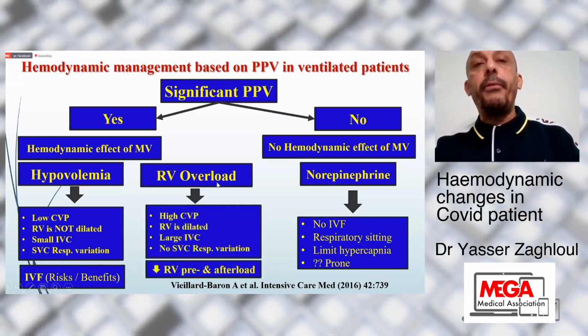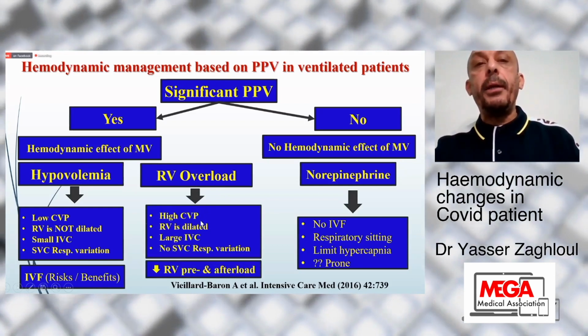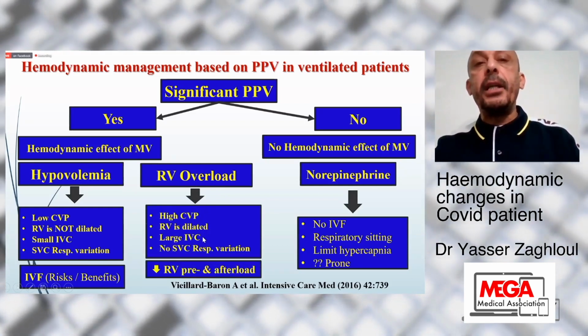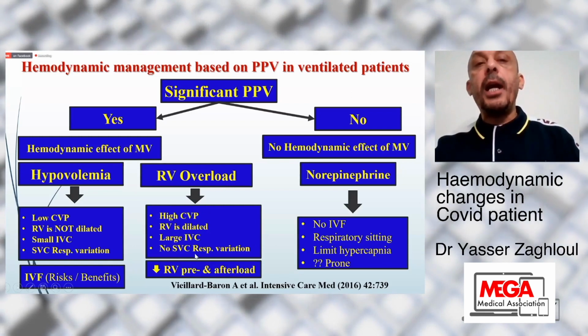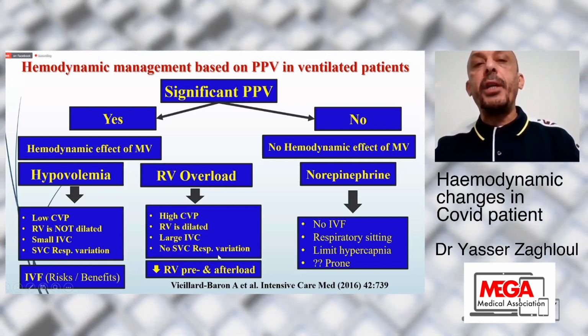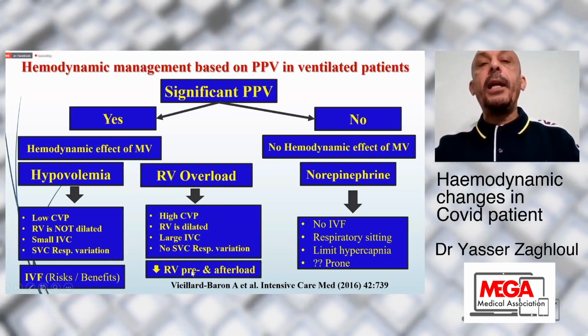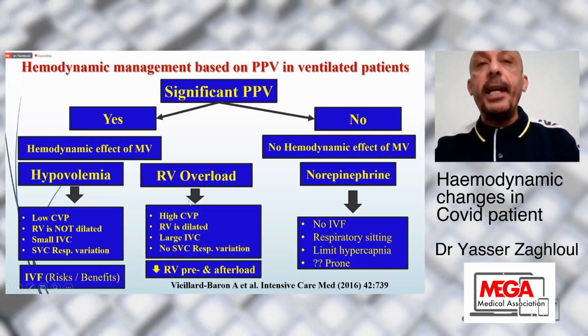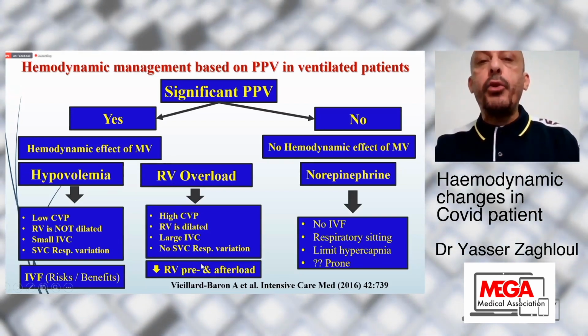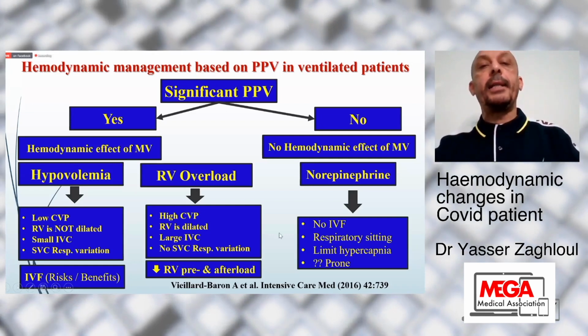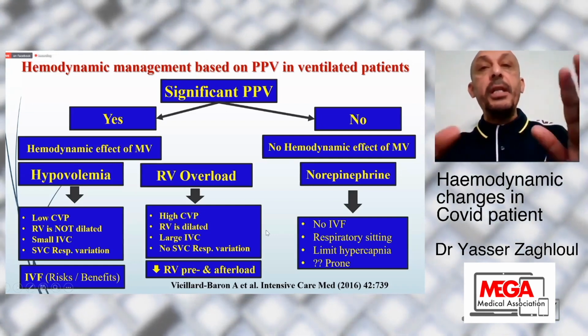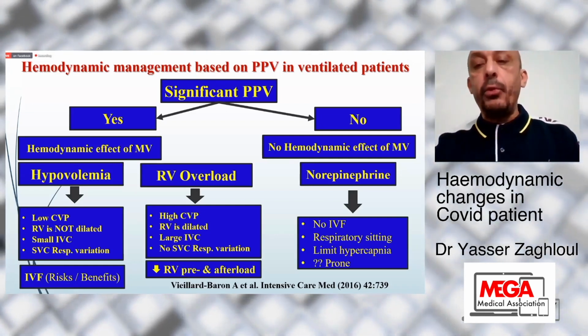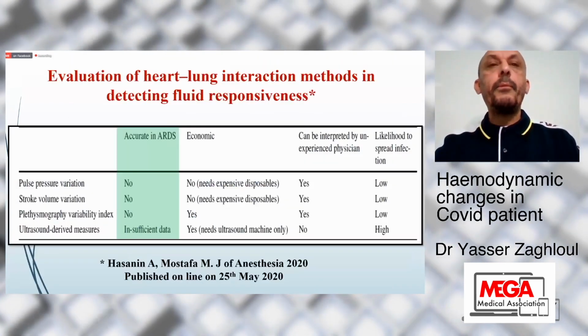A patient with right ventricular overload has high CVP, a dilated right ventricle, a large inferior vena cava, and no respiratory variation in the superior vena cava, and you have to manage the right ventricle by reducing both the preload and afterload. So this is the general management according to the PPV.